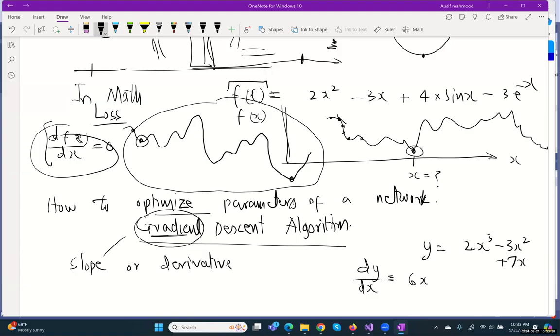So it will become 6x squared minus, again, you'll bring 2 down, 2 times 3 is 6, and it will become x raised to the power 1, which is 6x, plus 7x. You can think of that as x raised to the power 1, so you bring 1 down, it becomes 7, and anything raised to the power 0 is 1. So this is your answer as an example, okay?